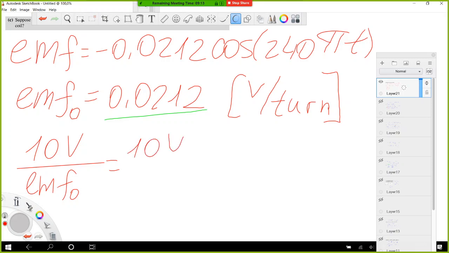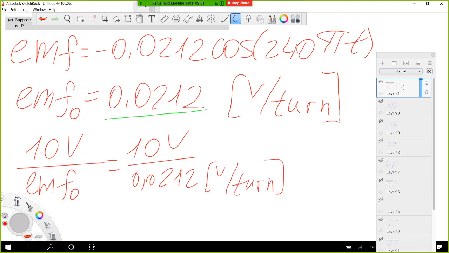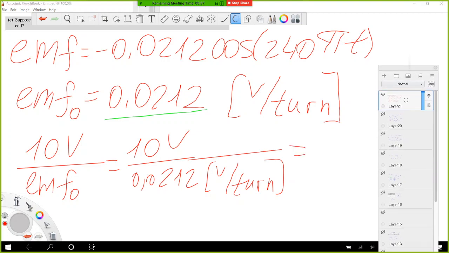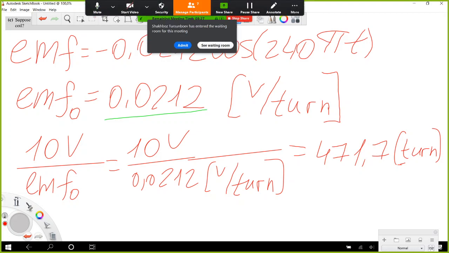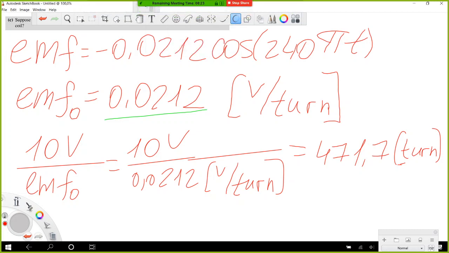So 10 volt divided by 0.0212 volt per turn gives 471.7 turns, and we have to round up to the next integer, so the number of turns will be 472 turns.